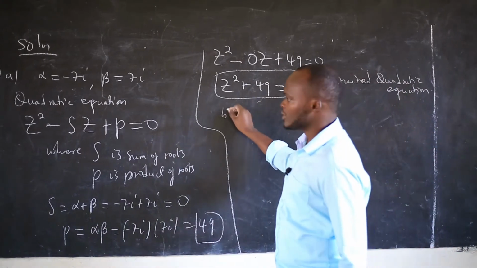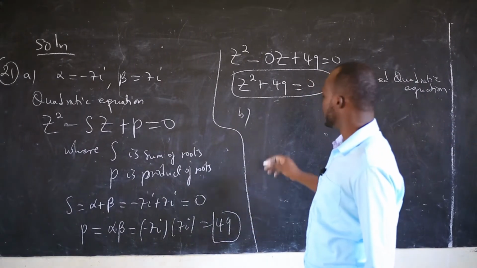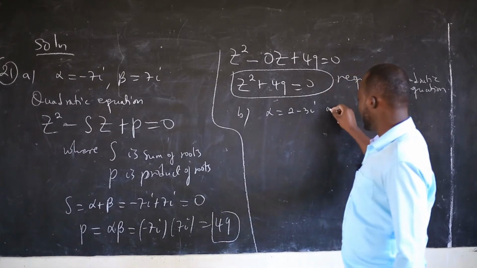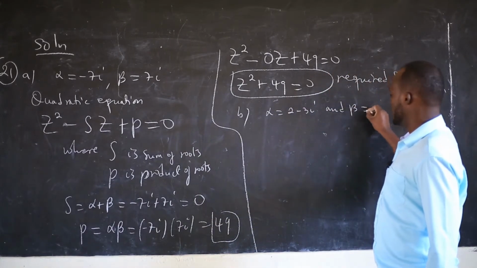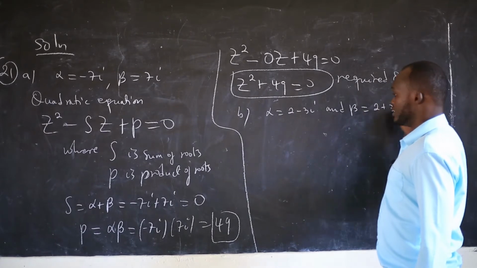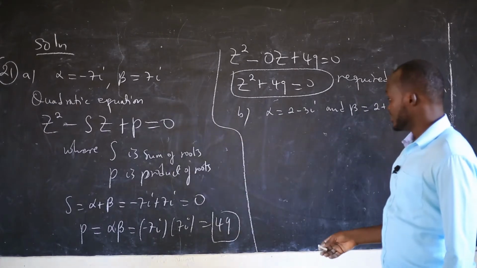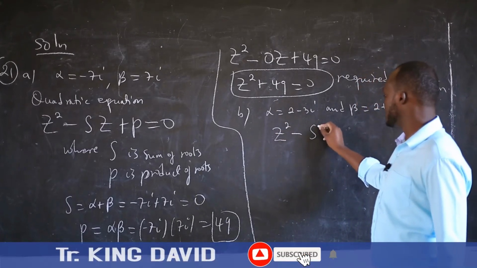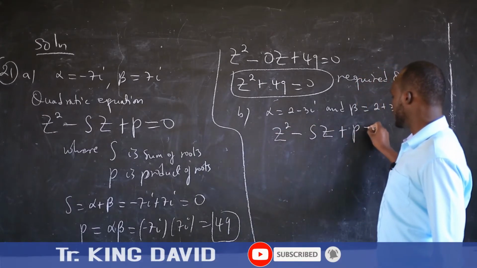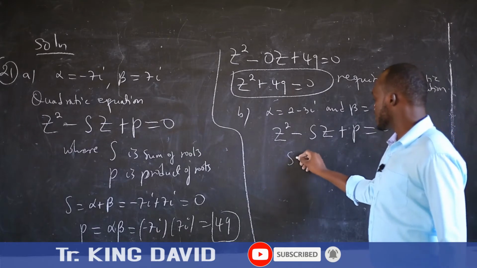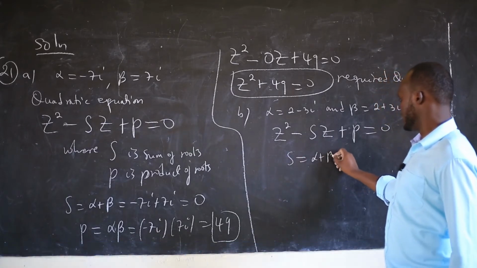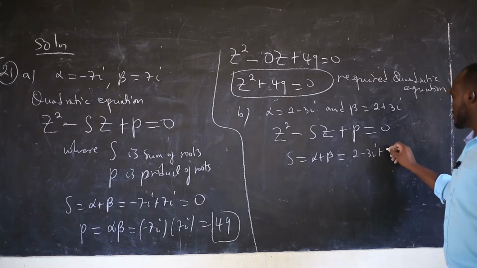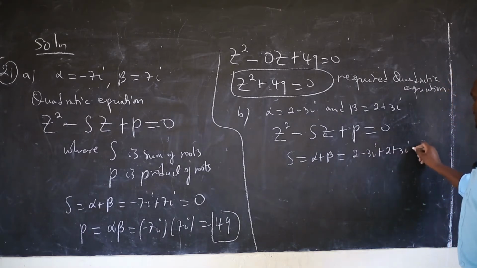Let's go to B. We have roots alpha equal to 2 minus 3i and beta 2 plus 3i. It is the same procedure. Our quadratic equation is z squared minus sz plus p equal to 0. Our S is alpha plus beta, which is 2 minus 3i plus 2 plus 3i. The answer is 4.